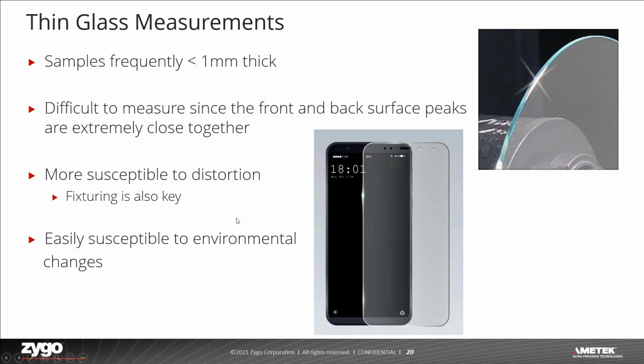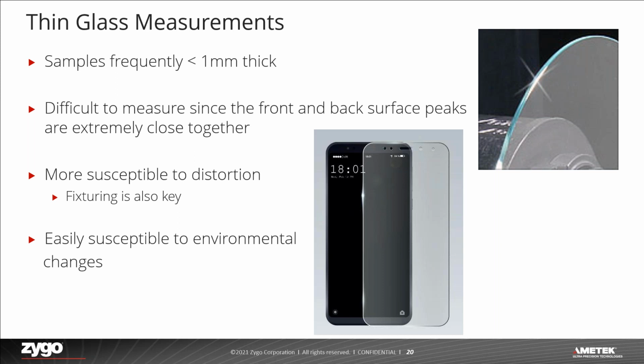One of the biggest applications that we see with plane parallel optics are thinner glass measurements. Many applications, including cover glass, wafers, and hard drive disks, are currently driving towards much thinner optics, frequently less than 1 millimeter thick.